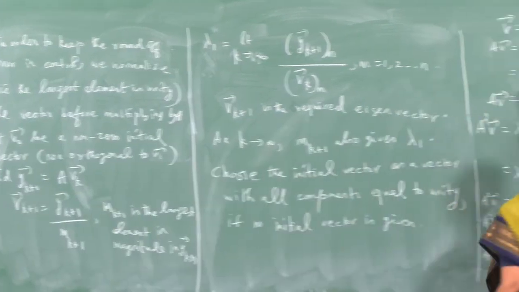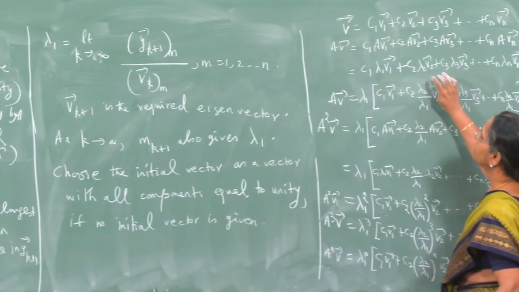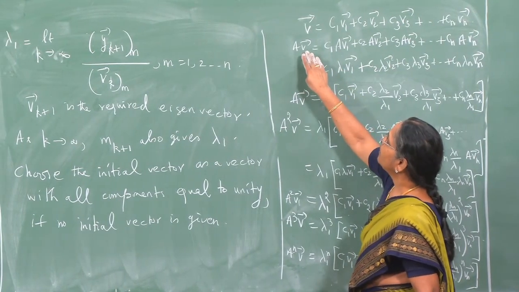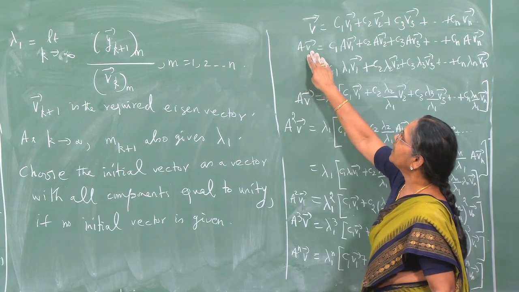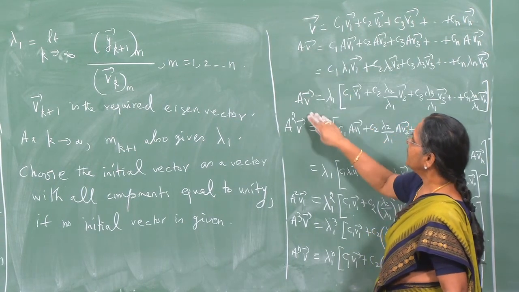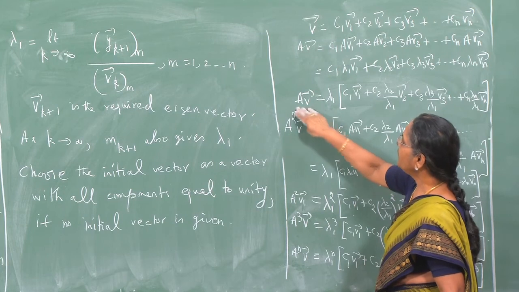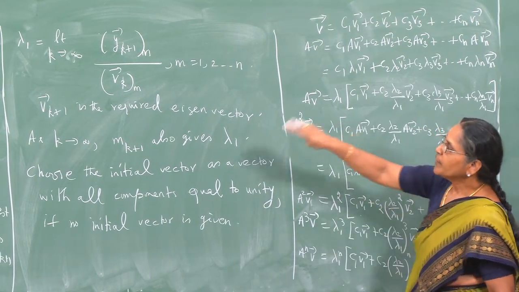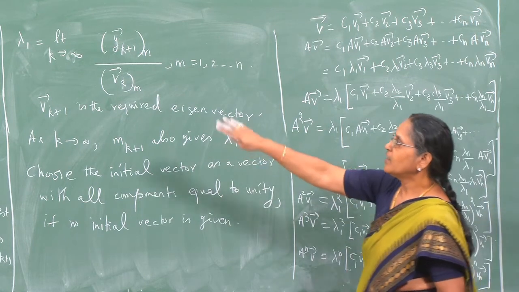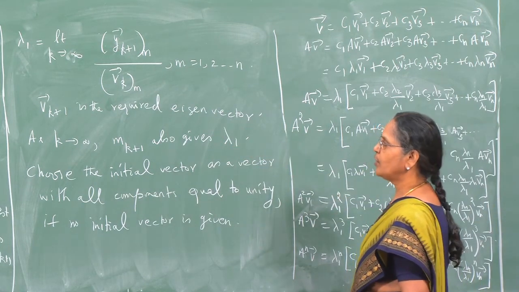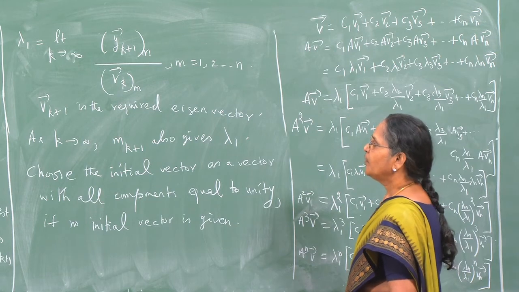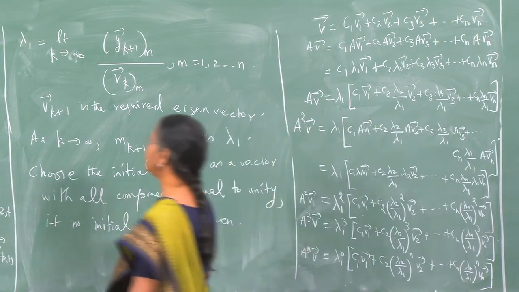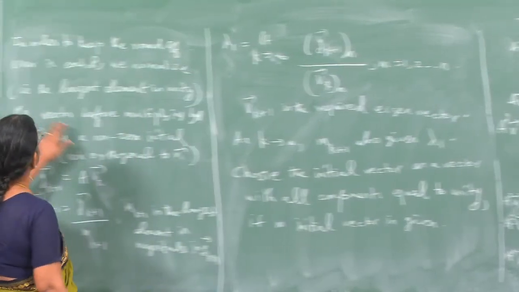You just look back and see what we did. At each step we pre-multiplied the vector v by A. Here we multiplied AV by A and so on. In order that we have control of round off error, before multiplying by A, we normalize the vector v.